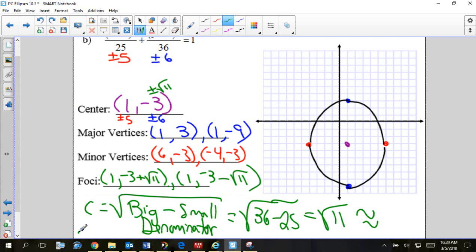To graph it, I'm just going to find out what square root 11 is. 3 point something. 3.3. And go up and down 3.3 from the center. And then you have your completed graph.